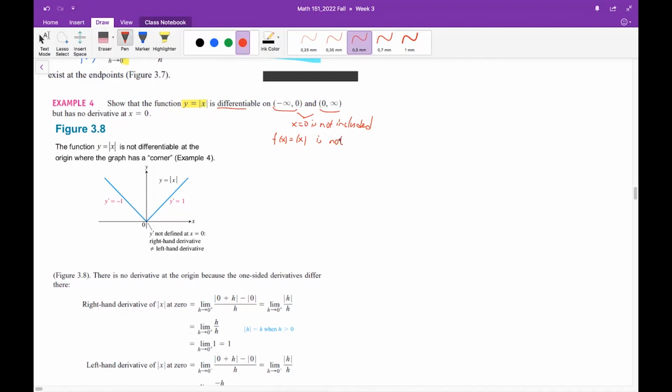We will try to show that. Not differentiable at x equals 0. Not differentiable means that the first derivative at the point 0 is undefined, does not exist, okay? So let's try to show this. We are searching for this.